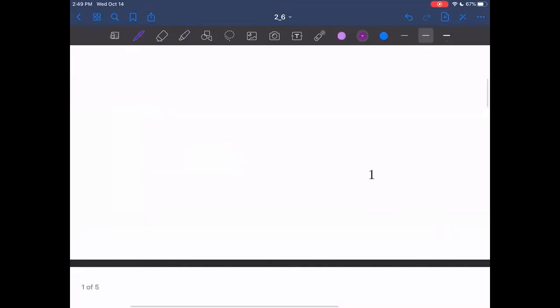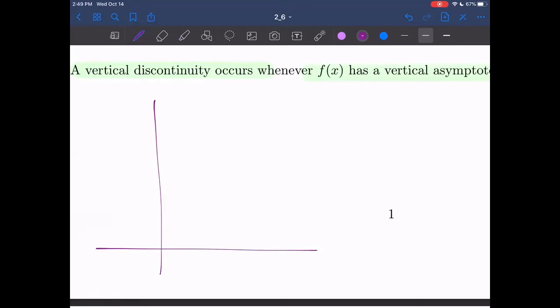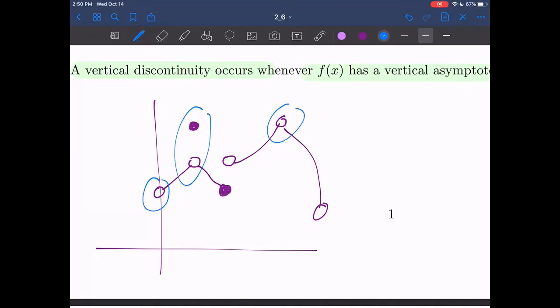For example, we could have something like this, where we would have removable discontinuities, and we also have a jump discontinuity.